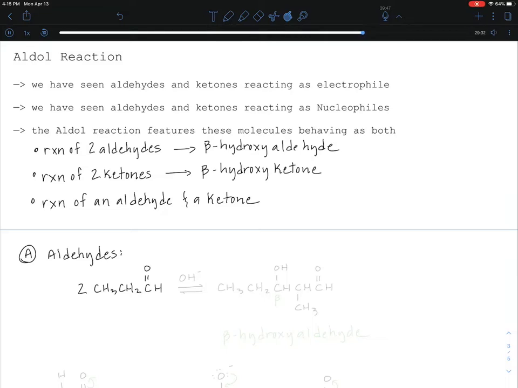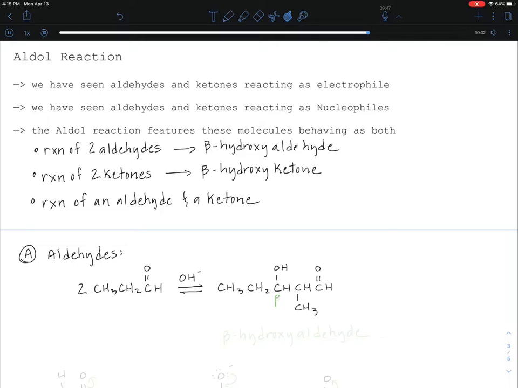What do you end up getting? So I'm going to deprotonate this. And I'm going to get, there is the beta carbon.